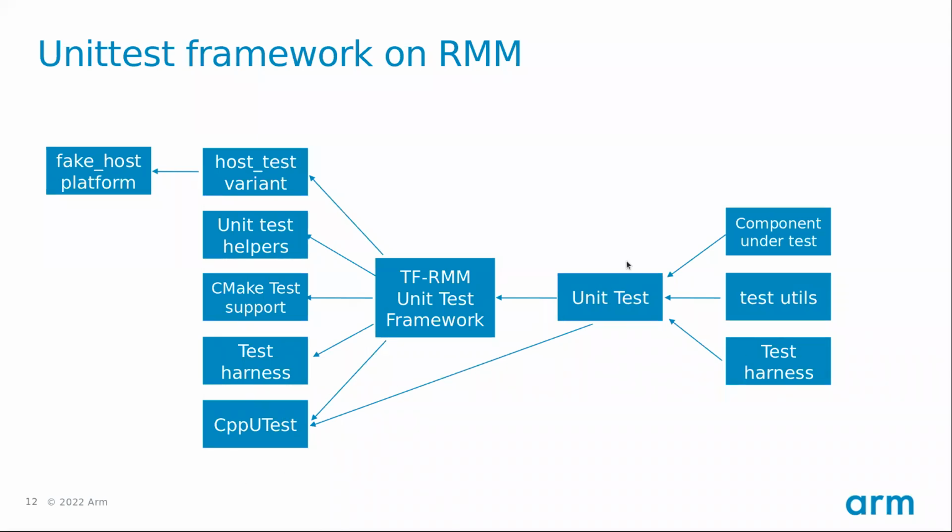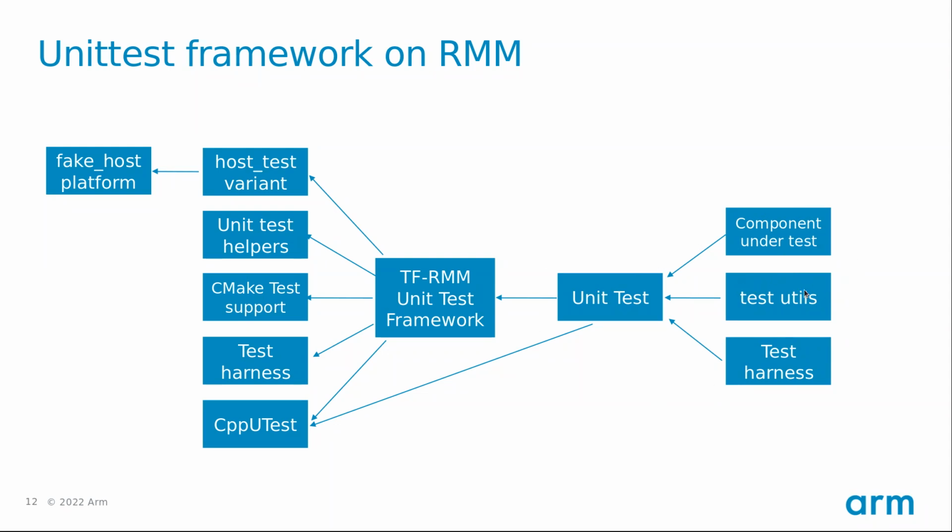It links both of them. It also links the component under test, which in this case is the library that we want to test, as well as a set of test utils and a set of test harnesses that are local to that component. They are all linked together with the unit test.